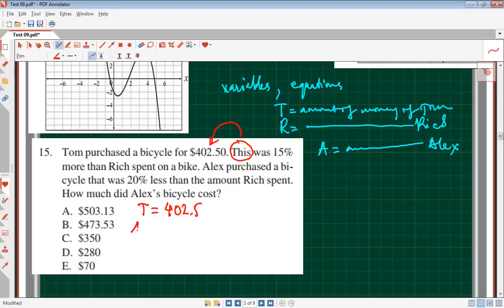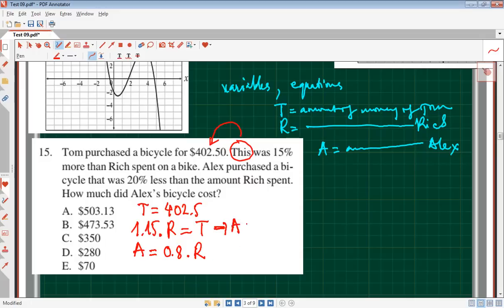That means 1.15 times R equal to T. And Alex purchased a bicycle that was 20% less than Rich. And that means A equal to 0.8 times R.